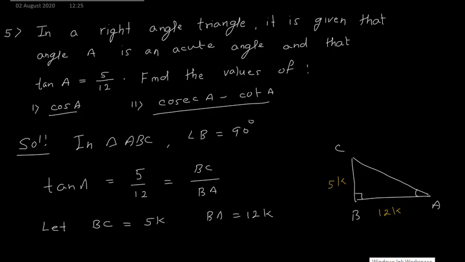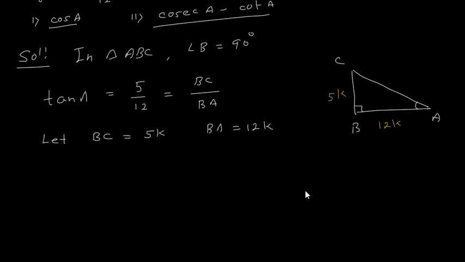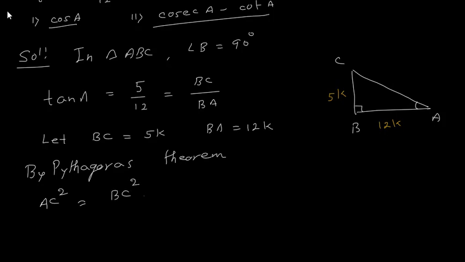Now first I will find the value of AC. So by Pythagoras theorem, AC square is equal to BC square plus BA square.